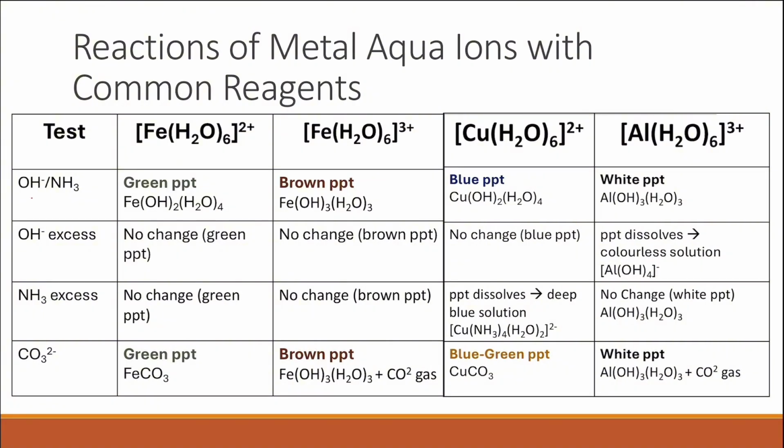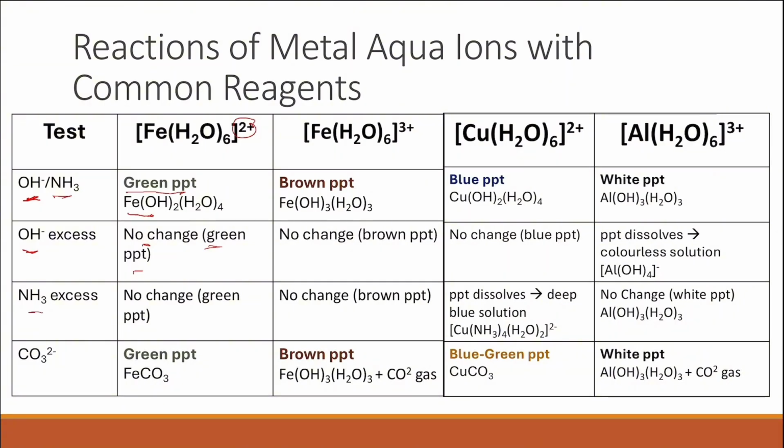So if we have testing with hydroxide or ammonia dropwise, then with iron 2 plus, that will give us a green precipitate. The green precipitate would be the hydroxide of the iron 2 plus. And if you add excess of the hydroxide, there will be no change, so that will stay as a green precipitate.